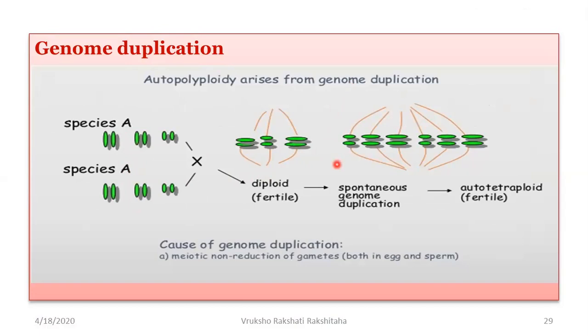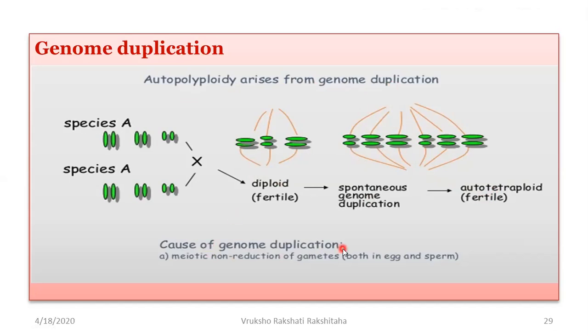When the chromosome number gets doubled spontaneously without any external force, the progeny, the offspring, will become autopolyploid, and of course it will be fertile. So this is how autopolyploidy arises from genome duplication.